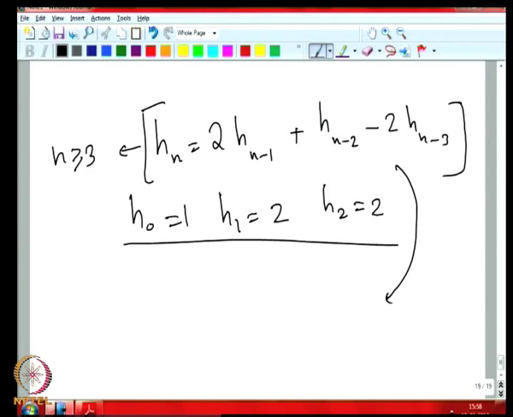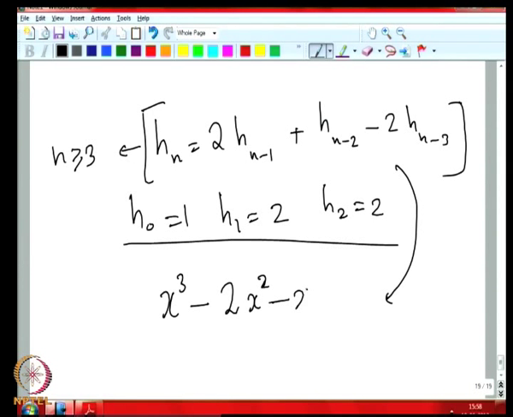How will you do this? First you write the characteristic equation for that. You recall how to do that. Assume that for some non-zero q, q to the power n is a solution for h to the power n, substitute it and cancel q to the power n minus 3.